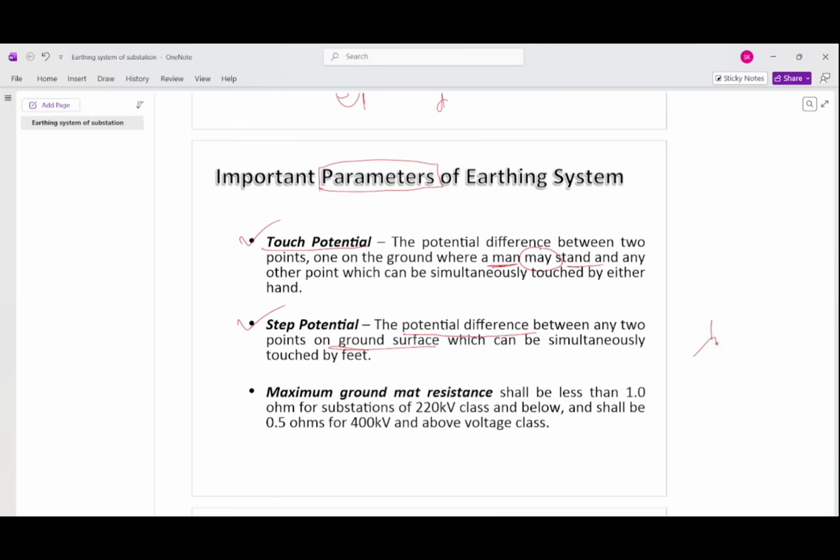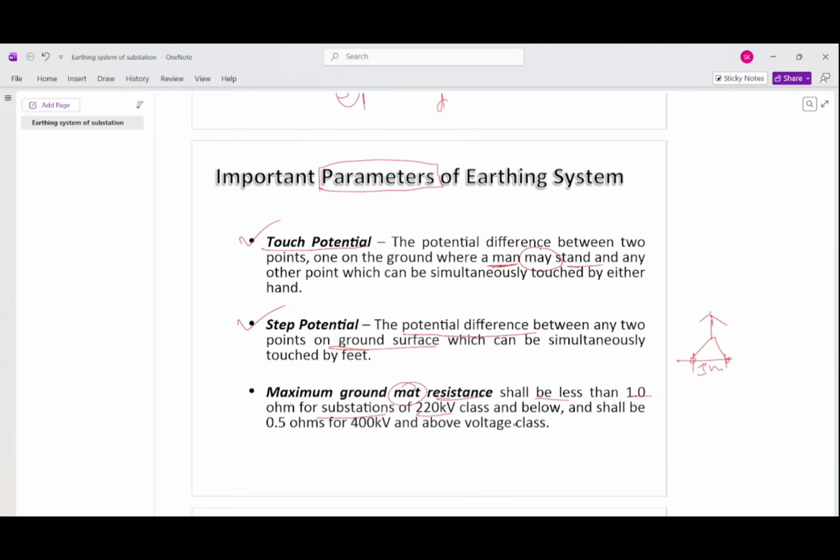So this is a person, and 1 meter is the ideal distance, and between the two feet he will experience the step voltage.